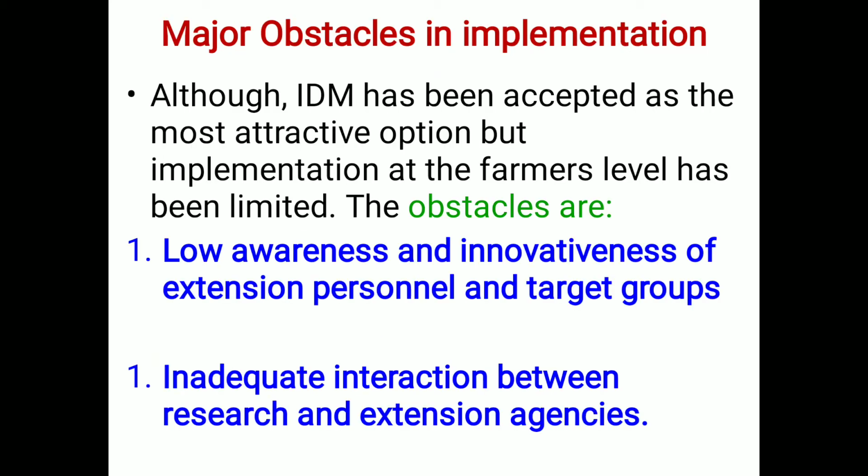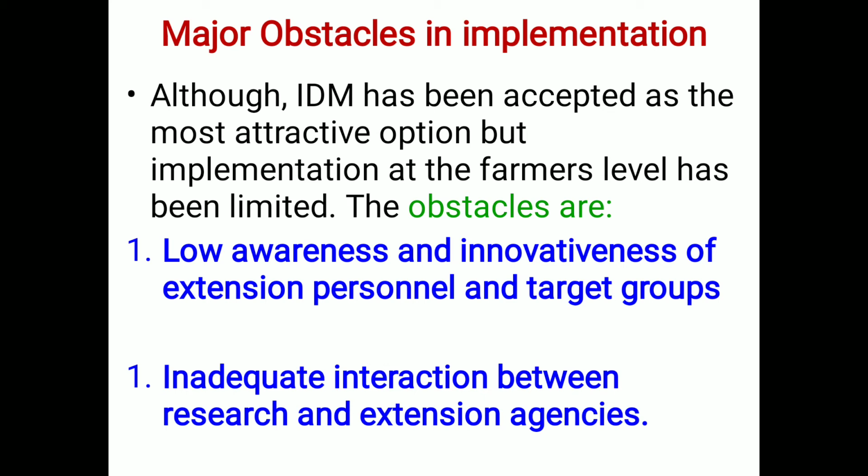Next, we discuss what the major obstacles in implementation are. As we know, IPM is very important, but there are certain obstacles while implementing the IPM module for a particular crop.